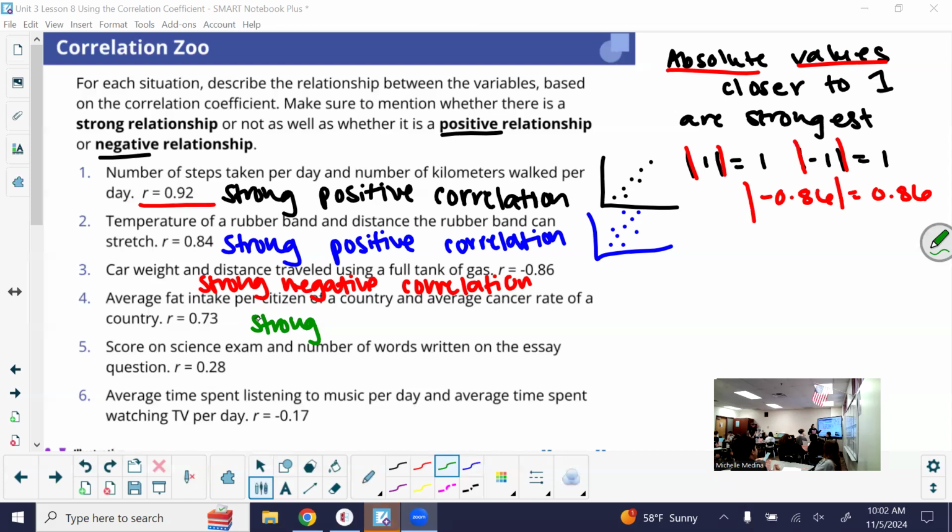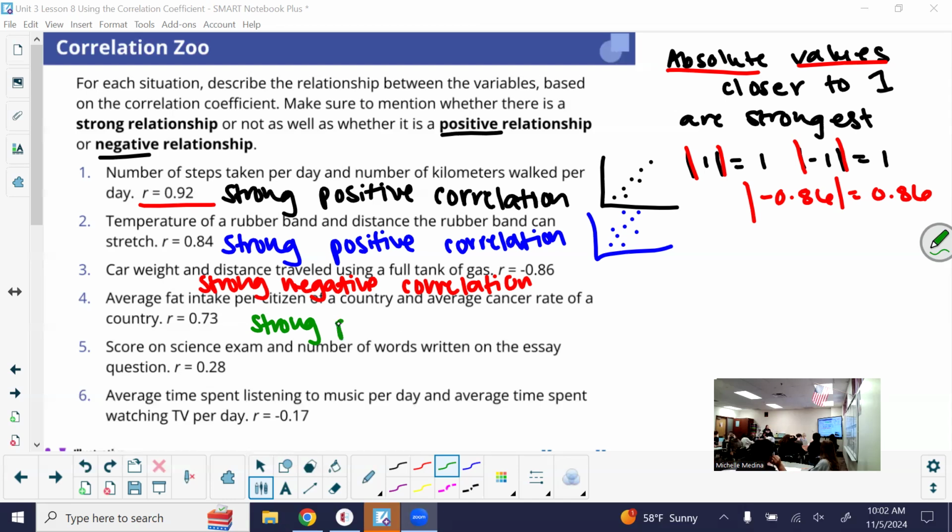Is it as strong as the ones before it? No, but it's still closer to 1 than it is to 0. So everyone keep paying attention. Once it gets close to 0.5 in any direction, it is harder to tell because that's right in the middle. But I would say anything below 0.5 is definitely weak. Anything above could technically be strong, but be able to rank them if they're close. And table 9, would that be positive or negative?